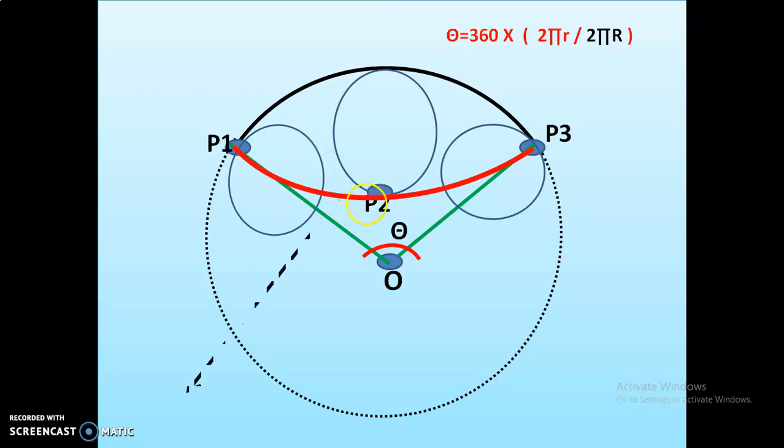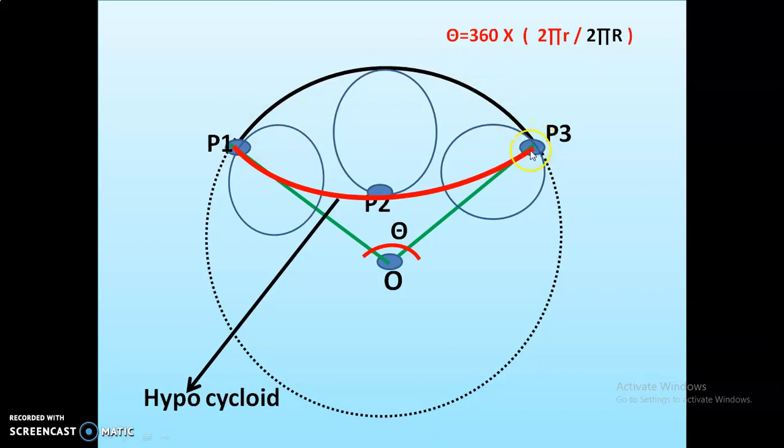See here, this is our hypocycloid curve. Whenever the rolling circle rolls inside the other circle, the first contacting point is P1 and the last contacting point is P3.